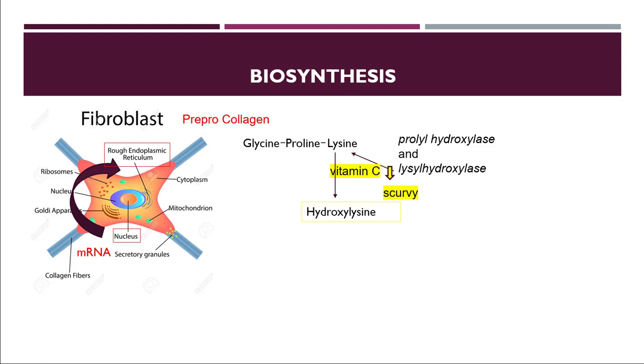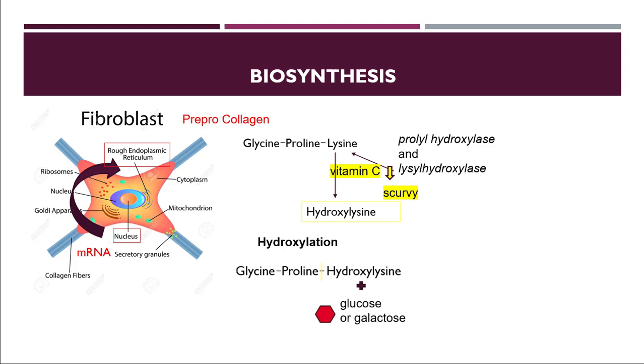Bingo, right? Now the whole process is called hydroxylation. Okay? Now, we have the structure: glycine, then proline, then hydroxylysine. Now, the next post-translational modification that's going to occur here is the attachment of glucose or galactose to it.